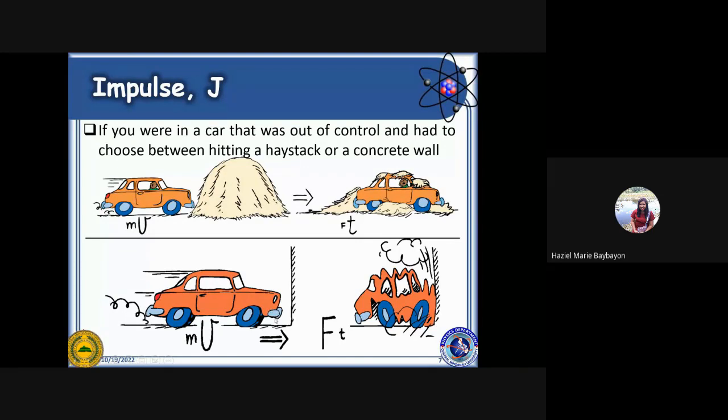And then here, the time of contact is very small. So it just barely hits and then moves backwards. Okay? So the time of contact is so sudden, that is why the force is so great that it will cause a very huge destruction. So you can die.